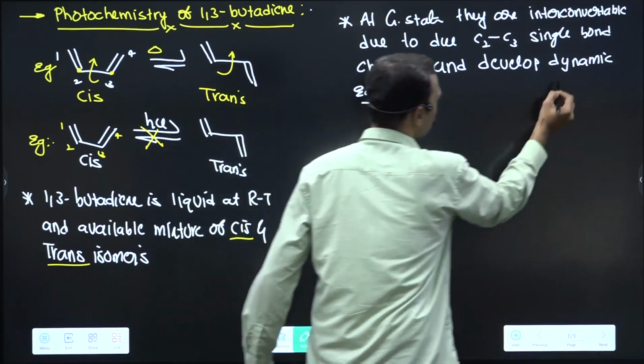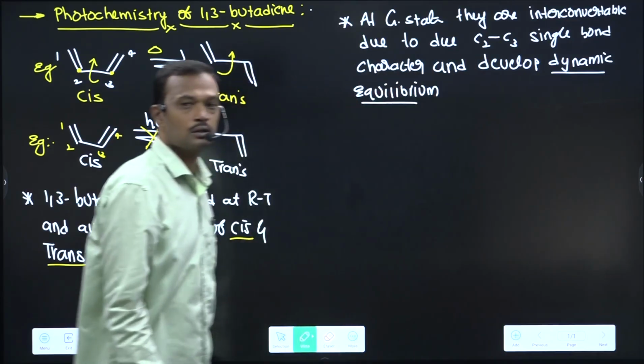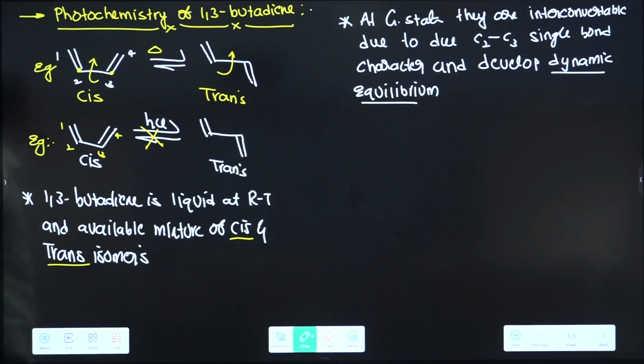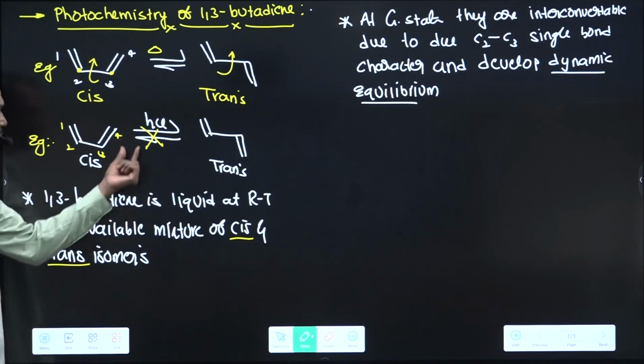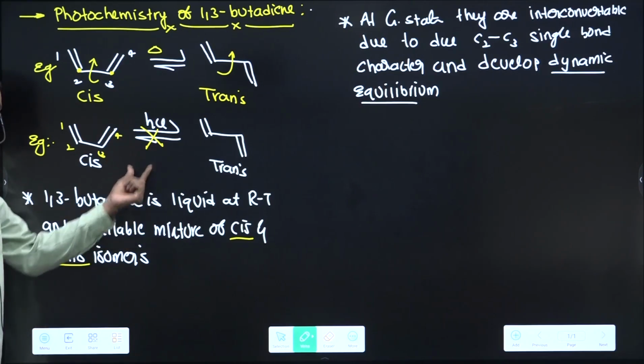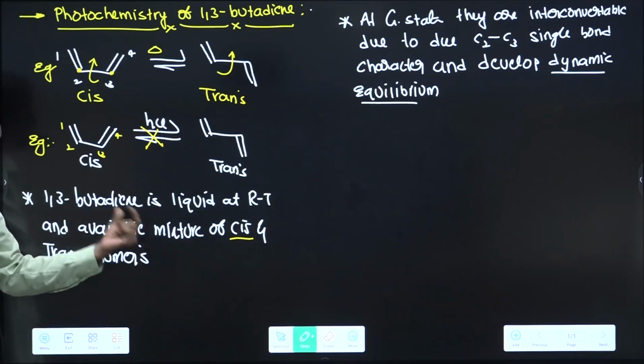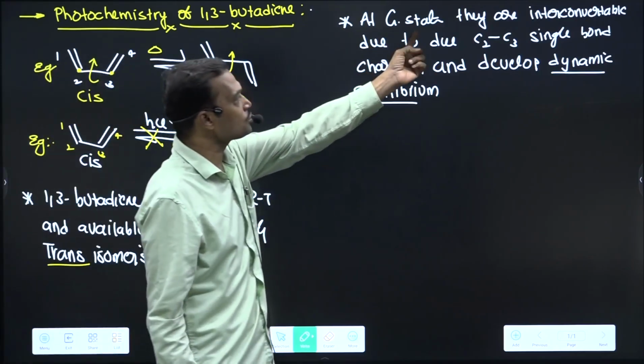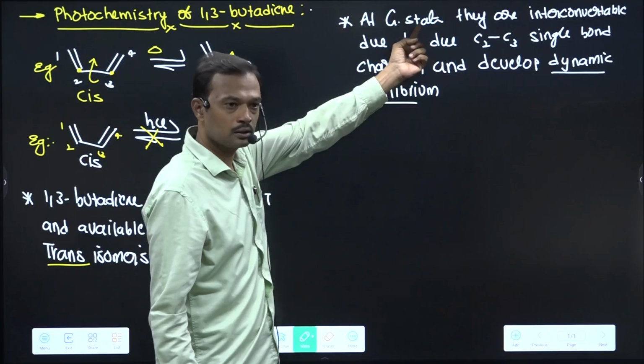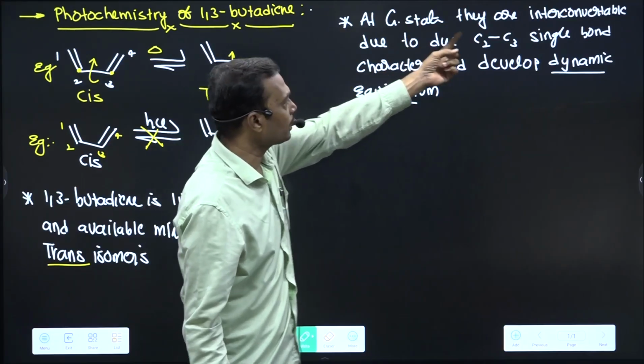So there is a dynamic equilibrium established between cis and trans at ground state. This point is very important. They are liquid at room temperature, and cis and trans isomers exist at room temperature only at ground state. Ground state is nothing but thermal or photochemical? Thermal. Only at ground state they are interconvertible.